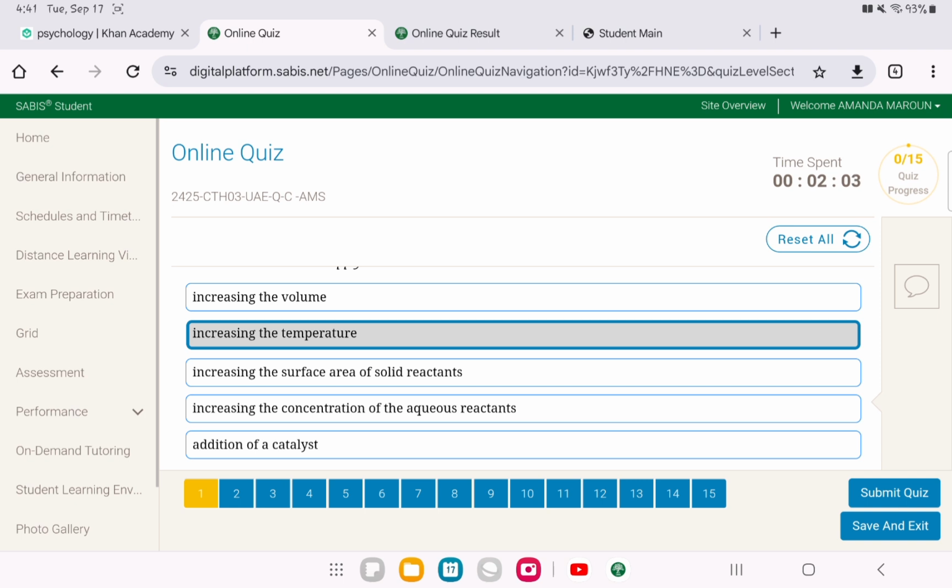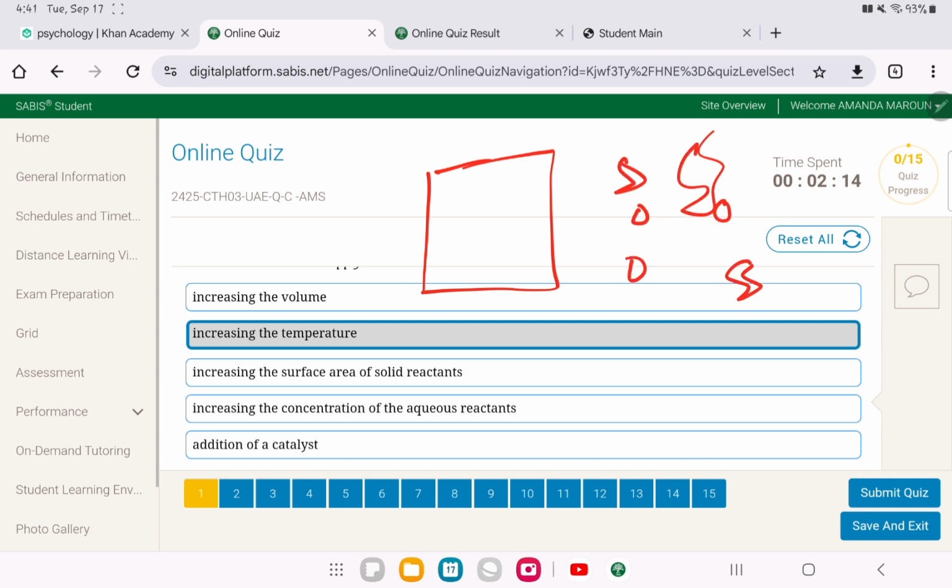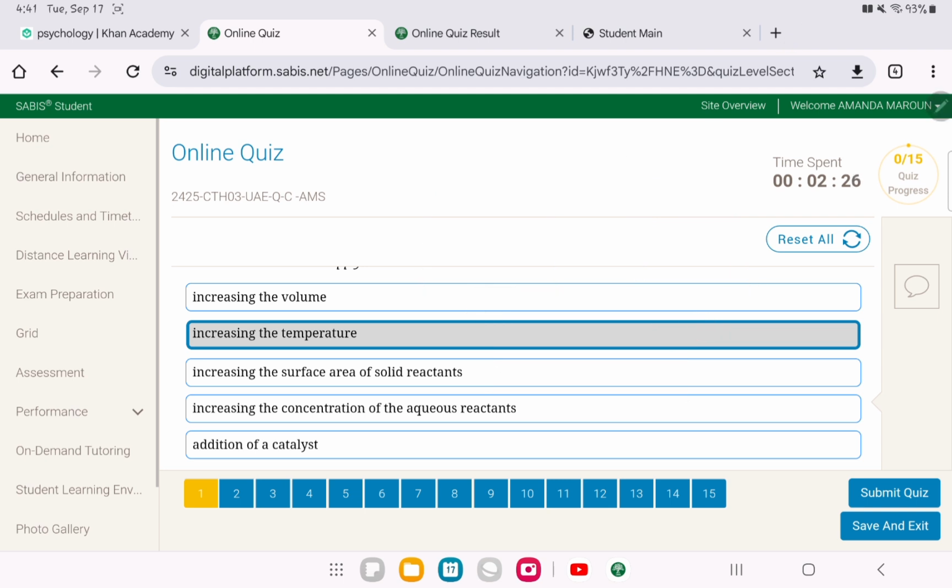Now, increasing the surface area of solid reactants, this is very true. Why? For example, you have a paper like this, and then you have pieces of paper like this, okay? It is easier to react with something that is in smaller particles, okay? That means they have a bigger surface area.